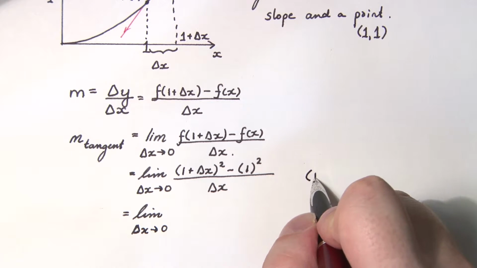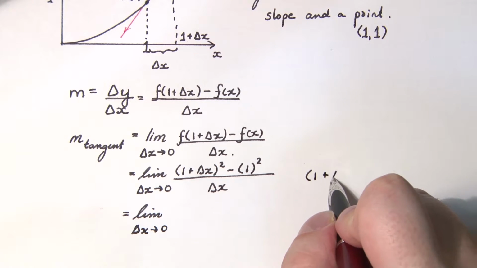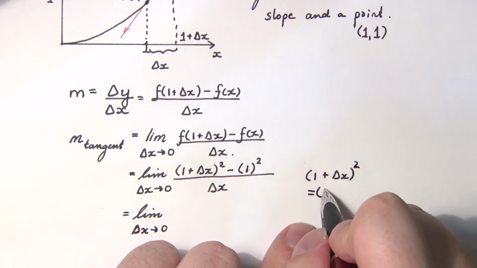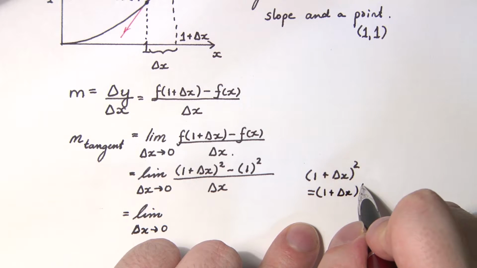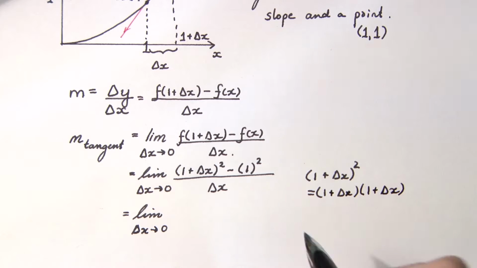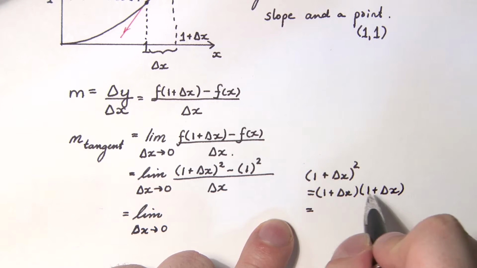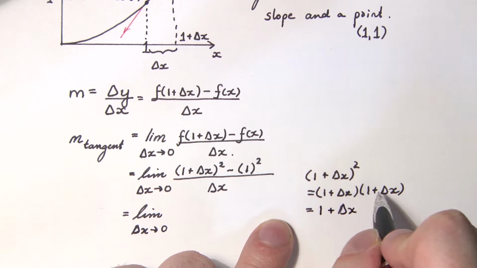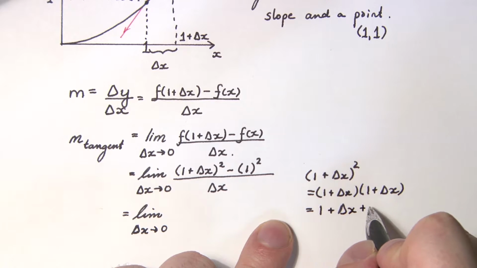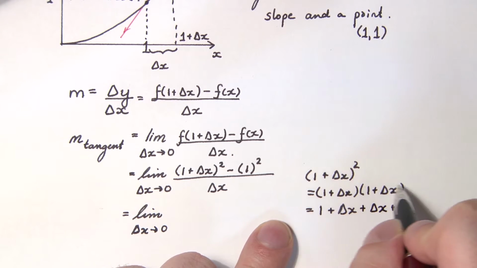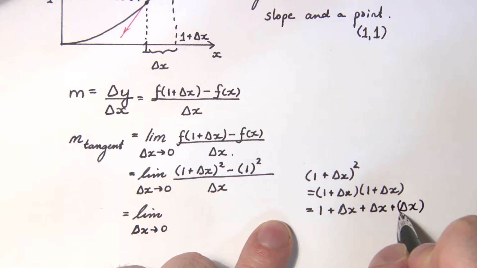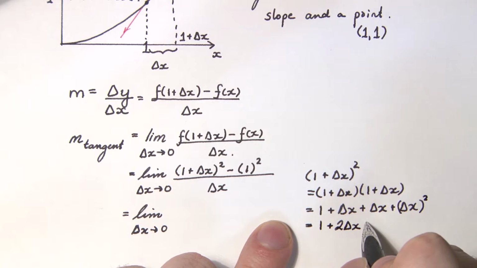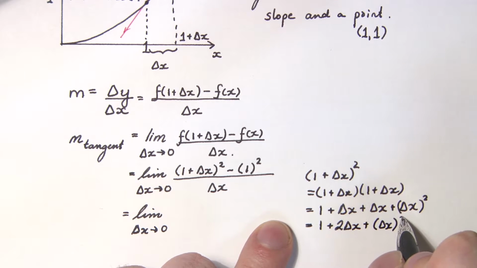So I have 1 plus delta x squared, and that's equal to 1 plus delta x times 1 plus delta x, and that's equal then to 1 times 1 is 1, plus delta x, and I have delta x times 1, so I have plus delta x, plus delta x times delta x gives me delta x squared, so that I have 1 plus 2 delta x plus delta x squared.